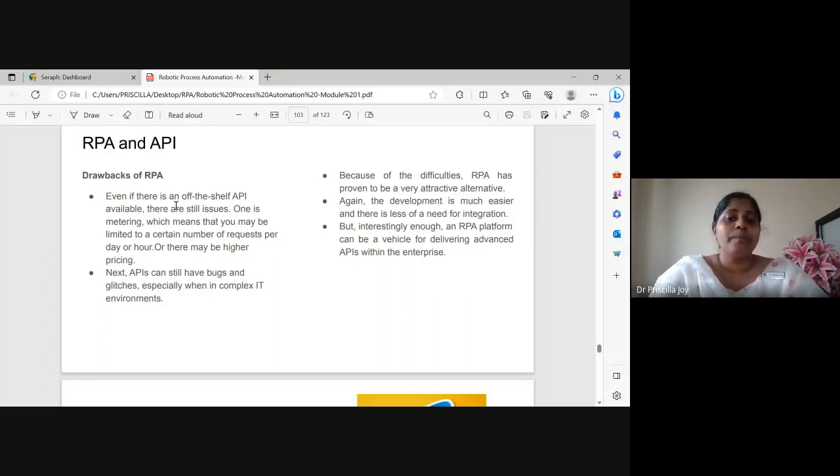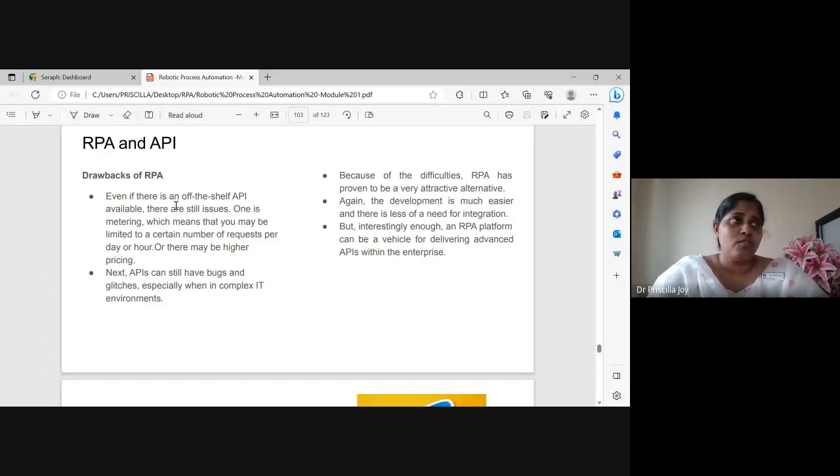So there is less need for integration when we go with other normal things which we'll be using. So that might be another disadvantage when we go with this kind of RPA which is integrated with API.